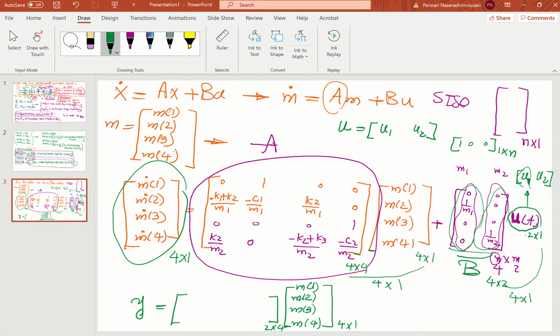So I, as a designer of the controller, am saying I want to observe only M1, displacement of first mass, and M3, displacement of second mass. So here gonna be 1, 0, 0, 0. This multiplied by this gonna be M1, and 0, 0, 1, 0.